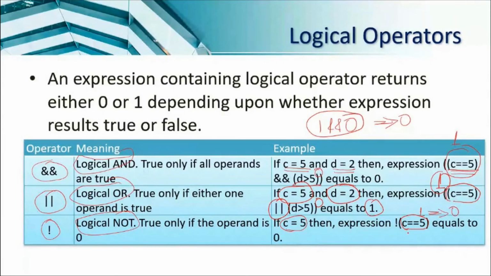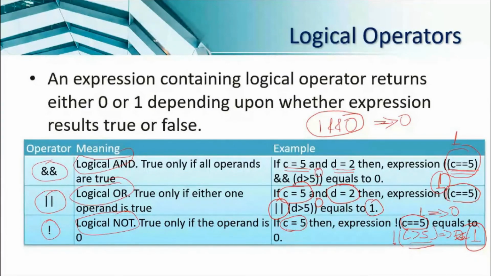If the relation is C greater than 5, it evaluates to 0 because it is false, since C is not greater than 5. So not of (C greater than 5) evaluates to 1, because the expression evaluates to 0 and its negation is 1. That is how the logical operators work.